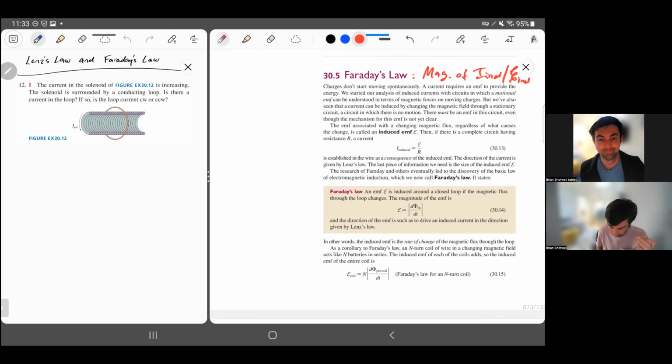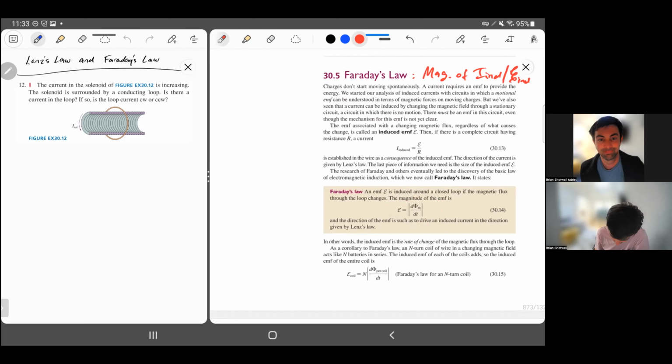We want this equation to be true, and then we define Tesla in order for it to be true. So if you're confused about why we define Tesla the way we do, why we have that mu naught equal to that weird constant, it relates to this being the starting point, because this is how we first saw how the magnetic flux relates to the electric field, or the currents going around the circuit.